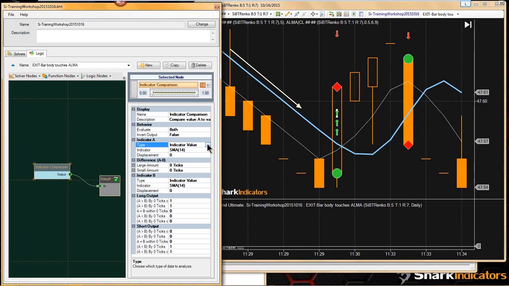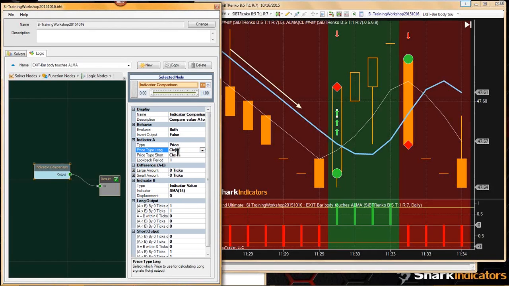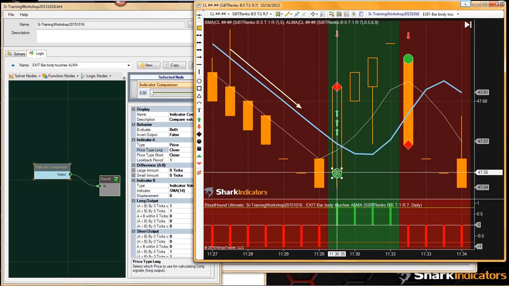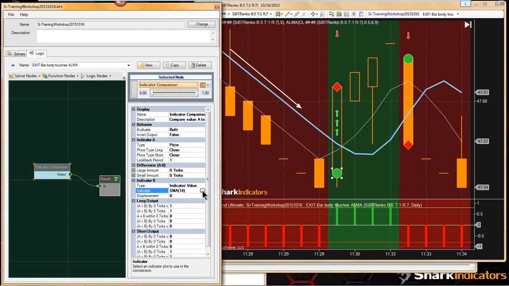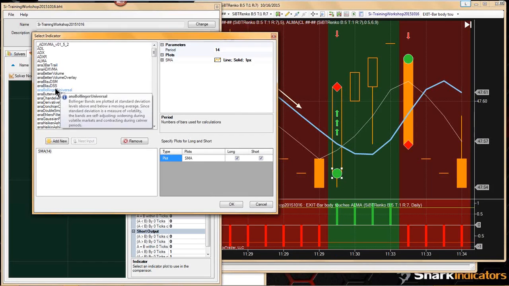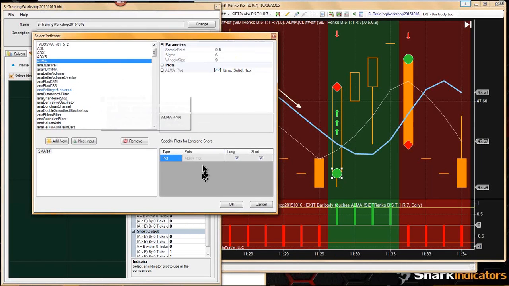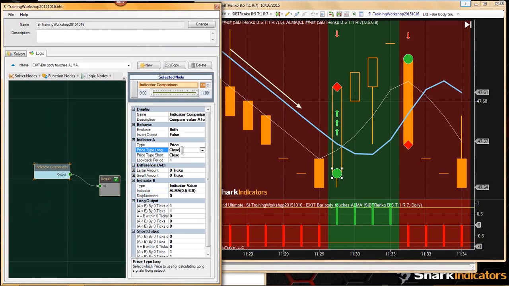And so we're going to be comparing price, and we'll have to change our prices because we're going to be using the closing price and the open price, and we're going to compare that to the ALMA indicator. And I'm just using the default settings. So we're comparing price to our ALMA indicator down here.